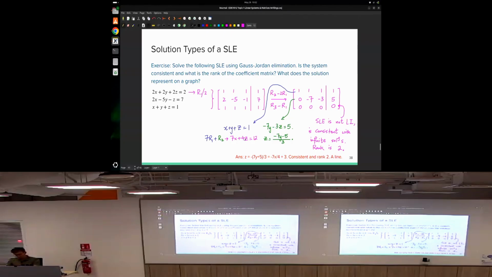Okay? So now I isolate the z. So z is going to be what? It's going to be minus 7x over 4 plus 12 over 4. But 12 over 4 is just 3. So this is your answer. Okay, so you notice that you have two expressions of z.